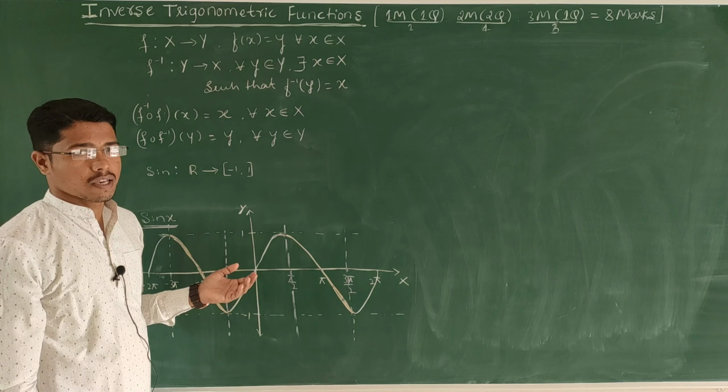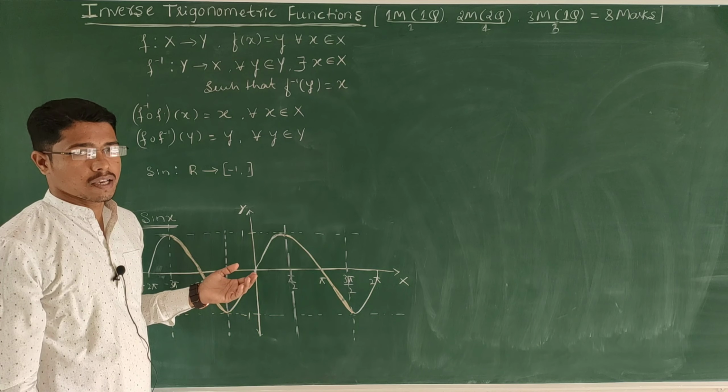Let us see the definition of sine inverse. Sine inverse is defined from minus 1 comma 1 to any one among these. I will take minus pi by 2 to pi by 2. So this is the definition of sine inverse.